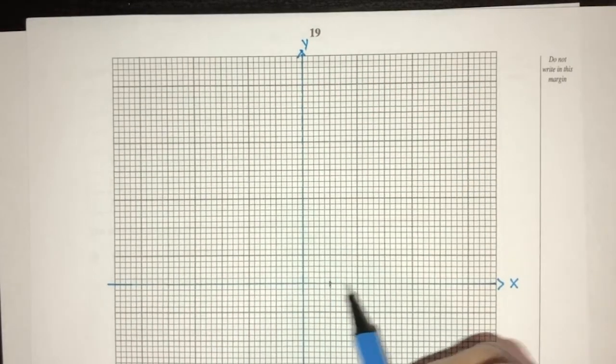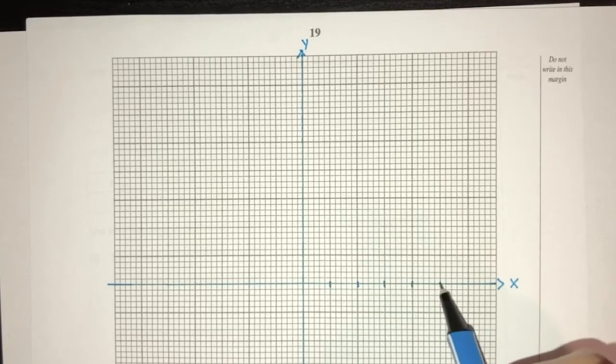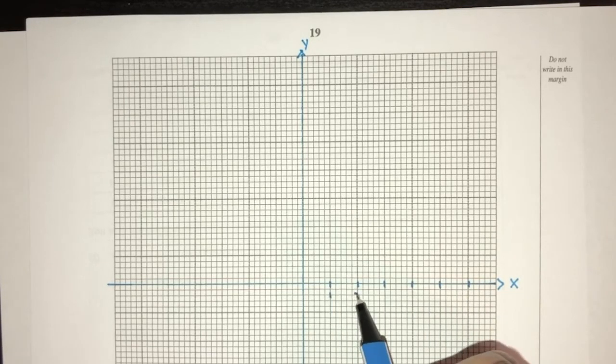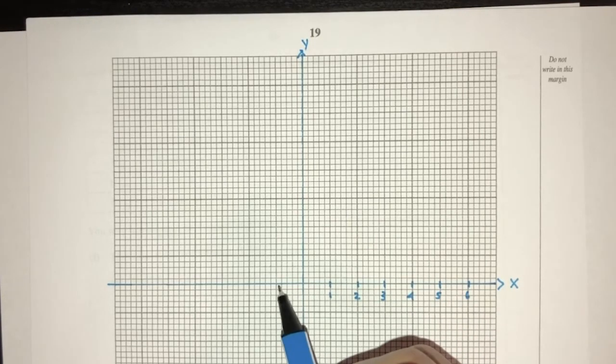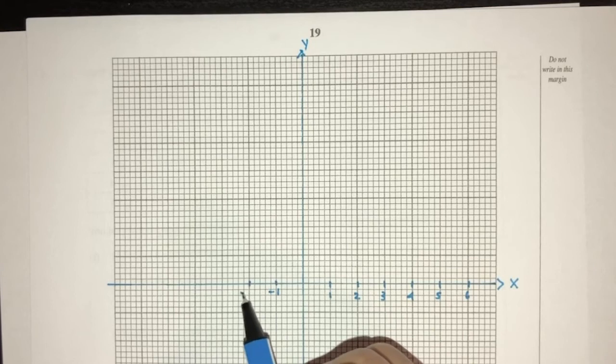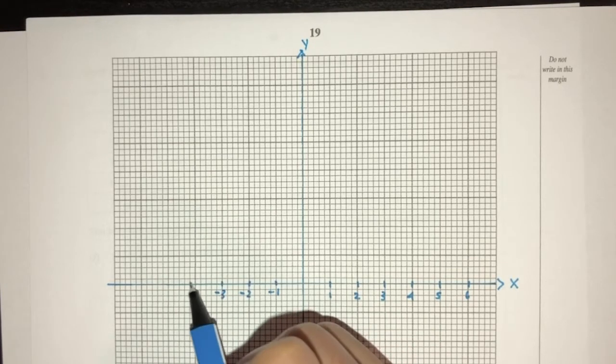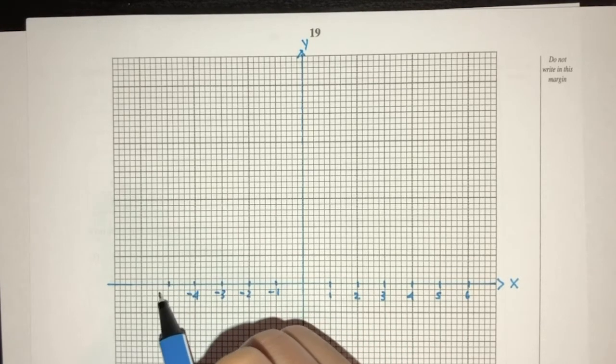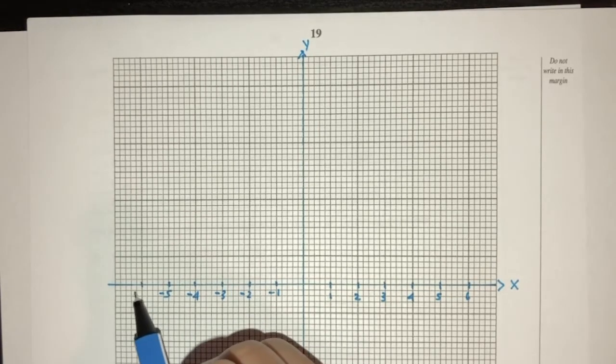Label these as 1, 2, 3, 4, 5, 6. So 1, 2, 3, 4, 5, 6. This is minus 1, minus 2, minus 3, minus 4, minus 5, and minus 6.